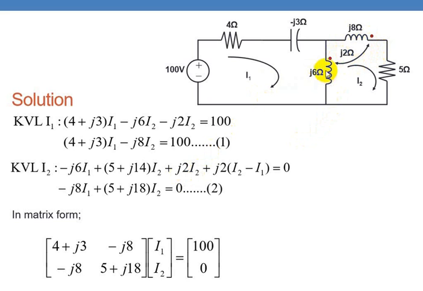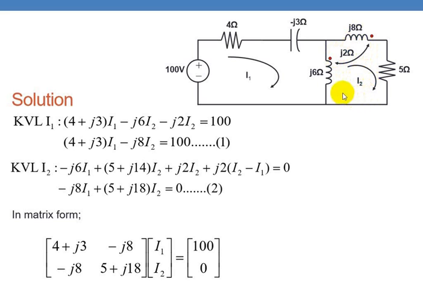So now let us see the sign. While considering this coil, the voltage drop in the mutual inductance will be j2 into the current in this coil, which is I2. Now you have to determine the polarity. Now you are writing the equation for the second mesh. So in the second mesh, the current I2 is considered to be positive.